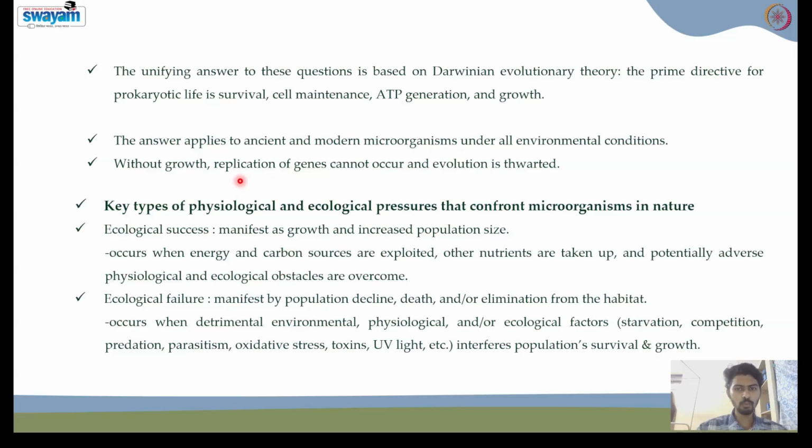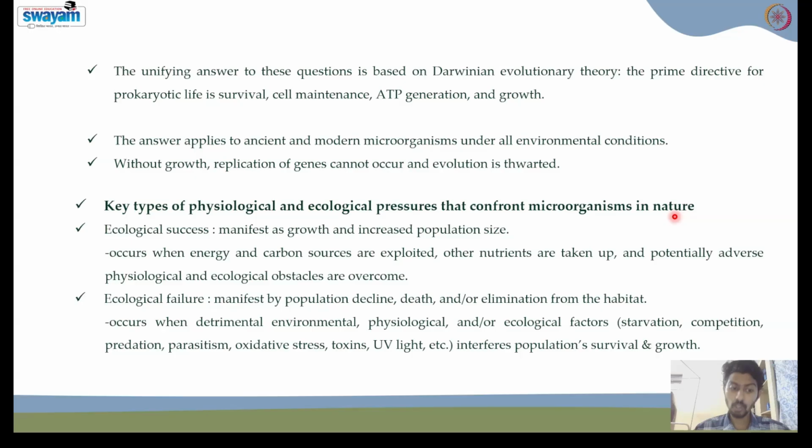So moving back to the concept. The survival of the fittest not only applies to ancient microorganisms, it also still applies to modern microorganisms under all environmental conditions. And if you see the key types of physiological and ecological pressure that confront the microorganism in nature, how do we call an ecology successful or a failure?